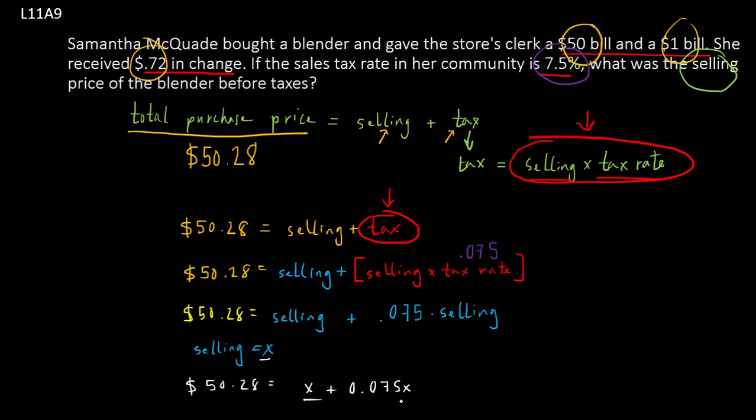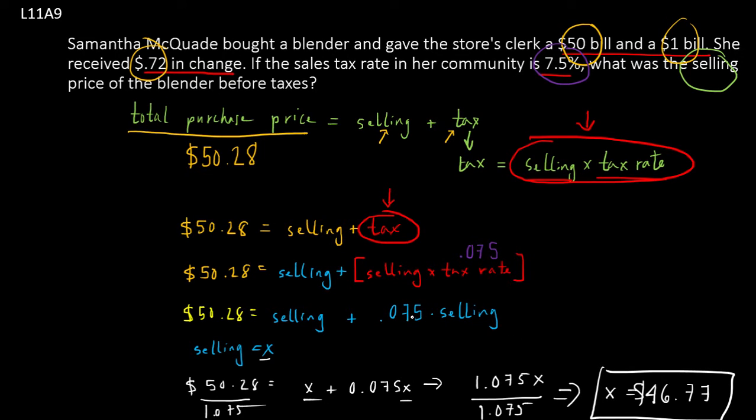Combine like terms, that equals 1.075X. Finally, if 50.28 equals 1.075X, all I have to do is divide both sides by 1.075 to solve for X. And I find that X equals $46.77.